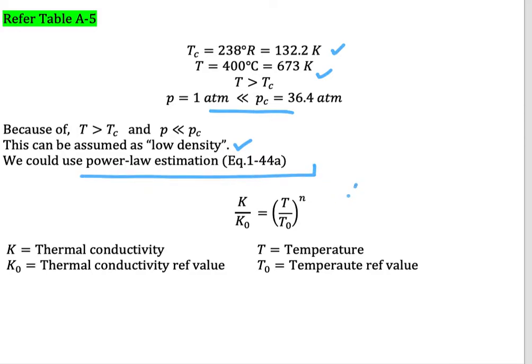It is quite simple because the idea here is actually we get from the comparison graph. The idea of low density here is that the density does not change too much, so the thermal conductivity can be proportionally changed compared with the temperature.